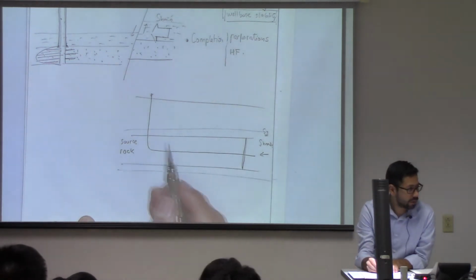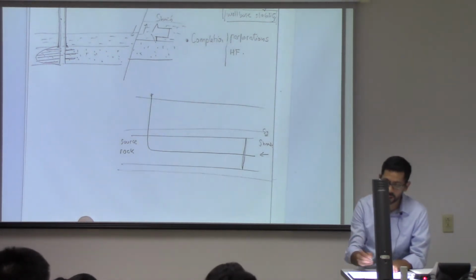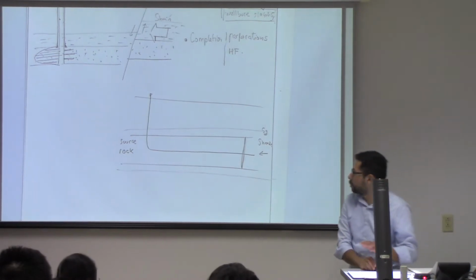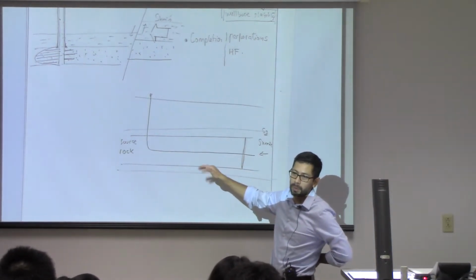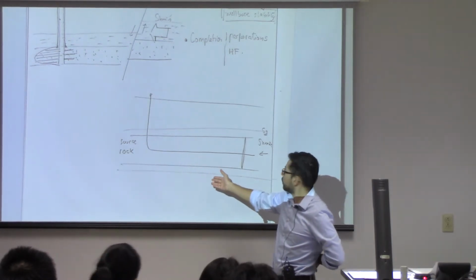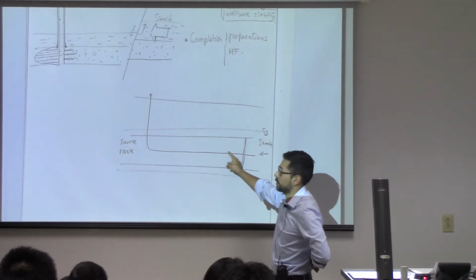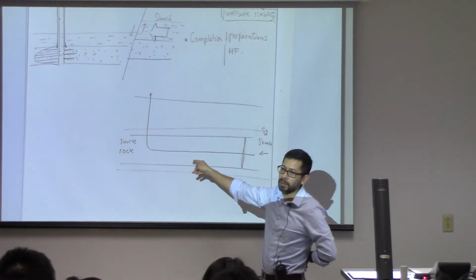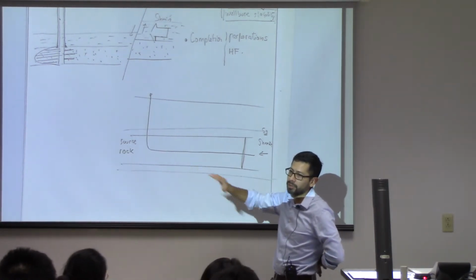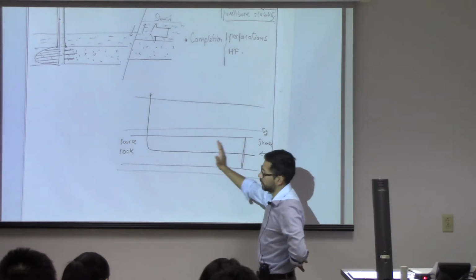If your objective is to get as much surface area as possible, you may be tempted to put your fractures as close as possible too, right? But there's going to be a problem with that. Of course, let's assume that these are all vertical fractures.